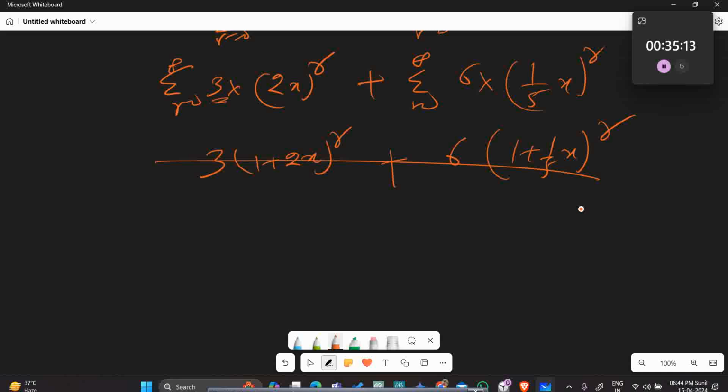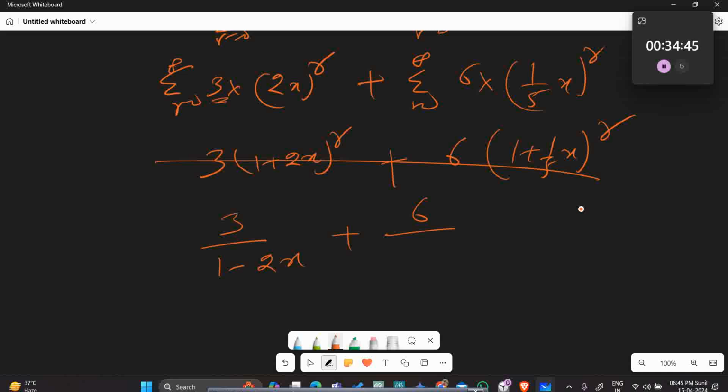This is not the right way. The right way for this is 3 into 1 minus 2x and plus 6 into... What's like that?